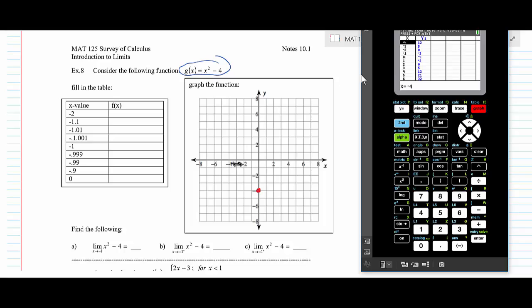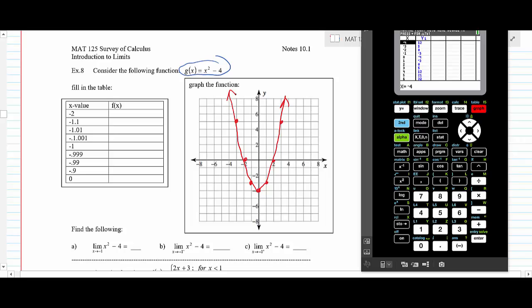So for instance, looks like you have negative 3, 5. I'm just going to pick some points from here. Negative 2, 0. Negative 1, negative 3, and so forth. So you want to fill in some of those points like that. Then that'll give the graph of what's called a quadratic function.